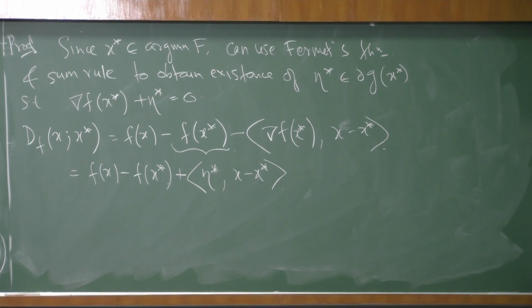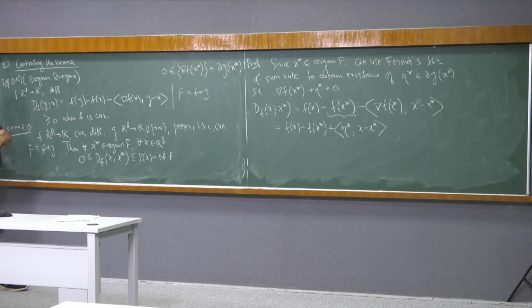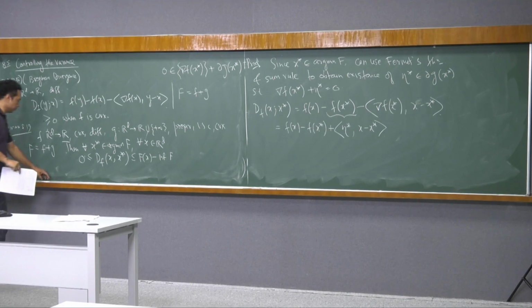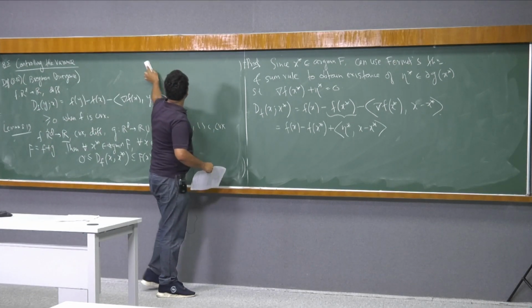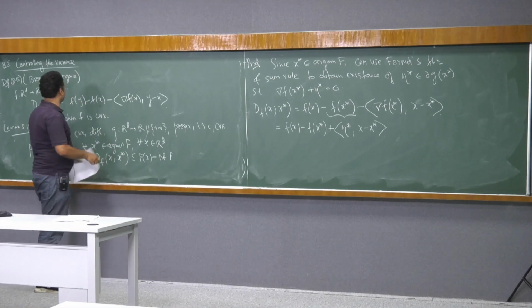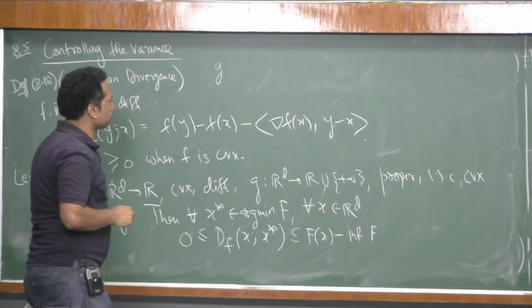The subgradient in that case will be eta star, and that should be greater than or equal to 0. That's how we define a subgradient, right? So we can work this out here. So we will replace this by G, and what we want is eta star.